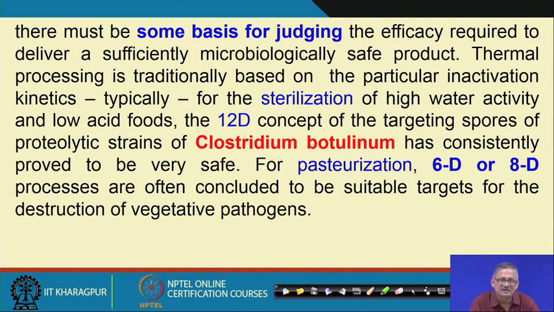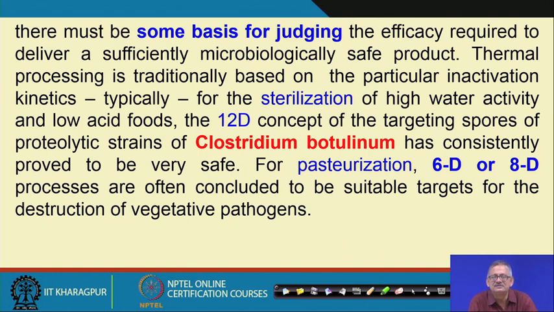just before, I was referring to that, for the sterilization of high water activity and low acid foods, it is said that the 12D concept targeting spores of proteolytic strains of Clostridium botulinum. Clostridium botulinum is one organism which is considered to be highly spore forming and very heat resistant.